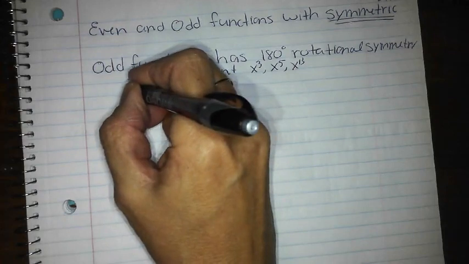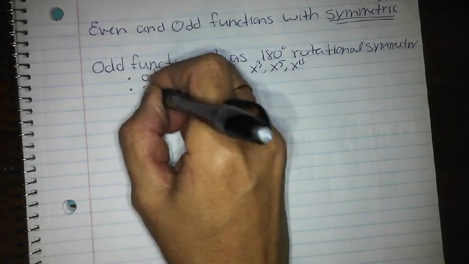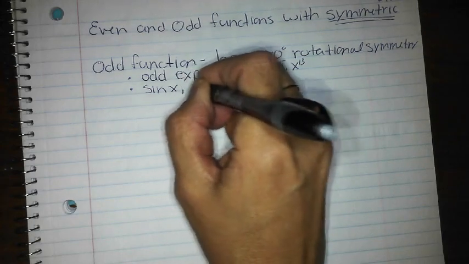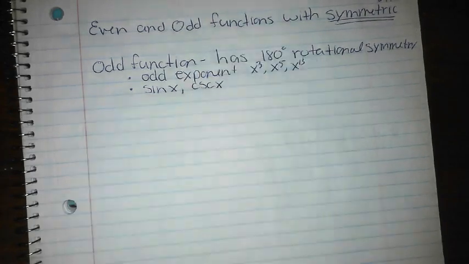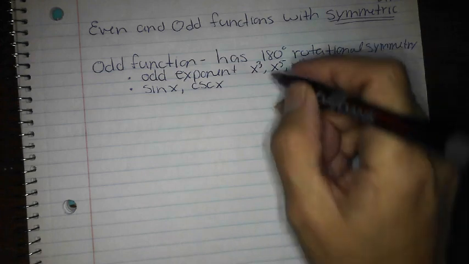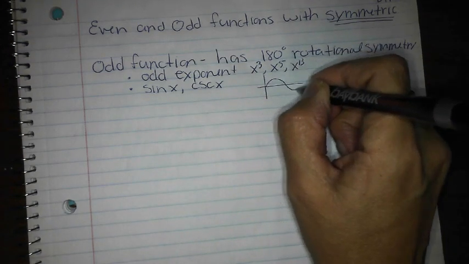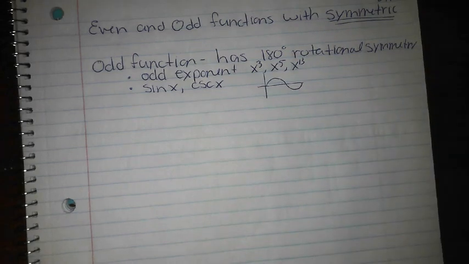Trig functions, sine with its cosecant reciprocal. Remember the sine graph, the snake, looks exactly like a snake when I turn it 180. So that's what that means.